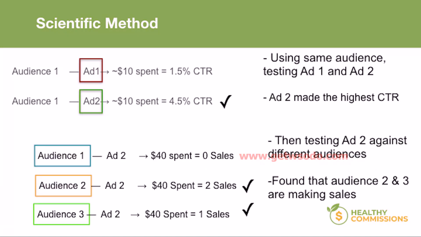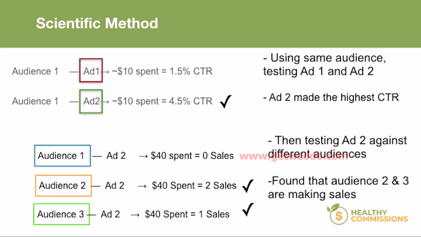This is another example of what you do once you find which variation is performing the best. You can see here, this is the original split test, audience 1, ad 2. Ad 2 has got the highest CTR. So then what we can do is split test ad 2 against different audiences. You can see here, we've now got audience 1, audience 2, audience 3, all with ad 2.